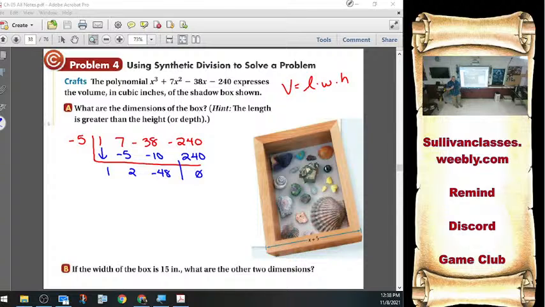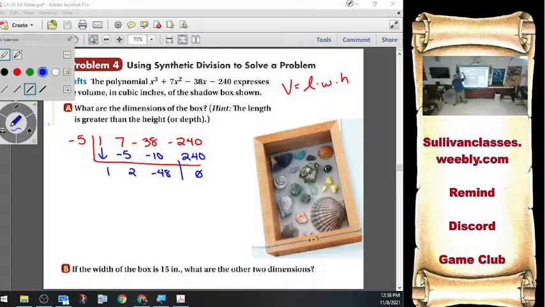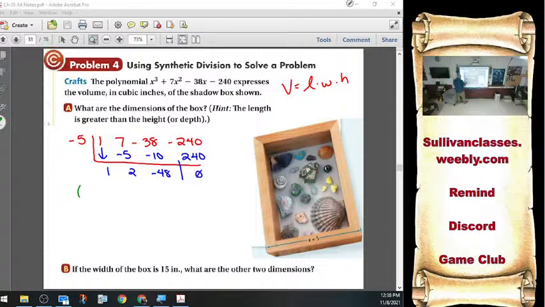Now what this allows me to find, the other dimensions, is I just found out that x plus 5 times x squared plus 2x minus 48 is how I make the volume of the box. Right? If I take the whole thing divided by the width, the quadratic that's left should be height and length. What can I do with the quadratic now?